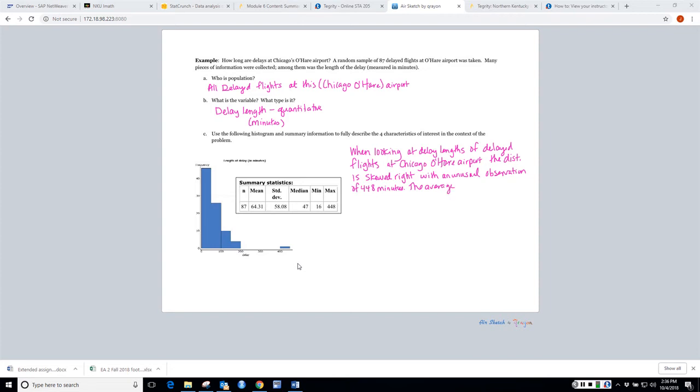Our mean, or the average delay length, is 64.31 minutes. And the median, so 50% of our delayed flights had a delay length less than our 47 minutes.